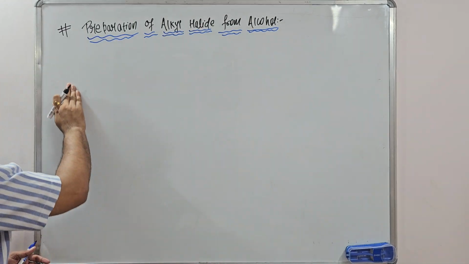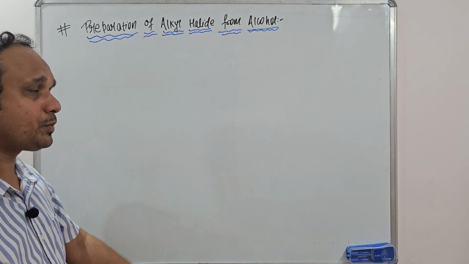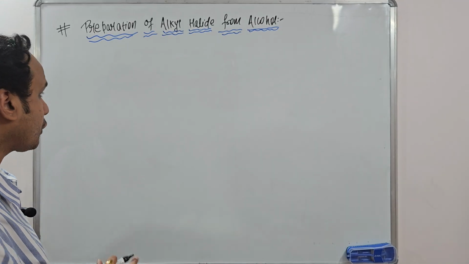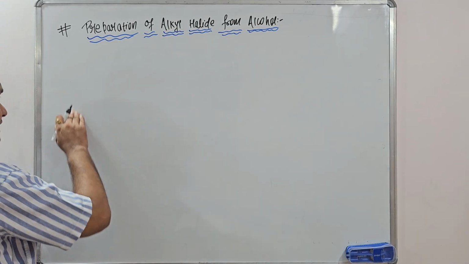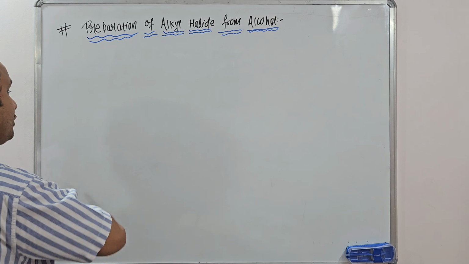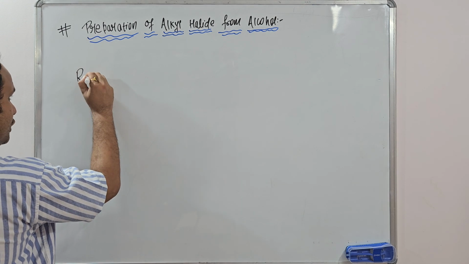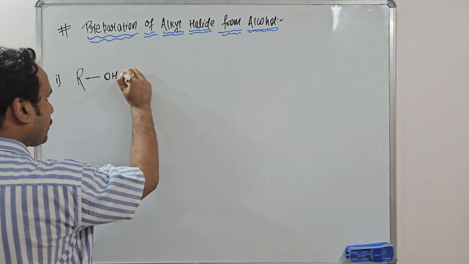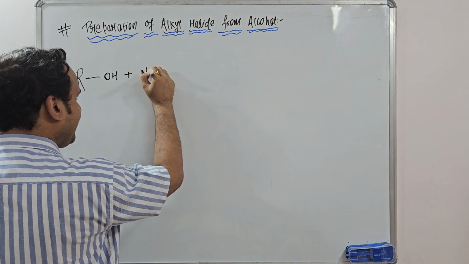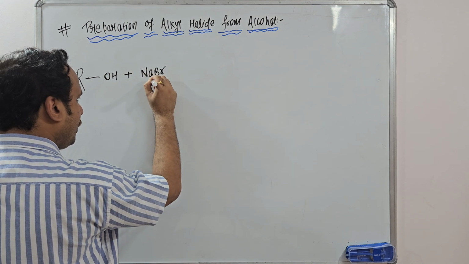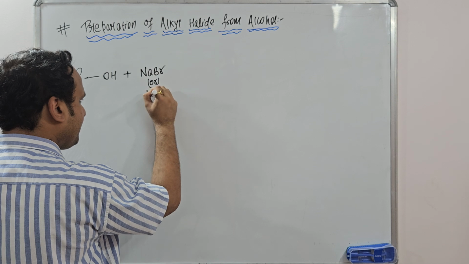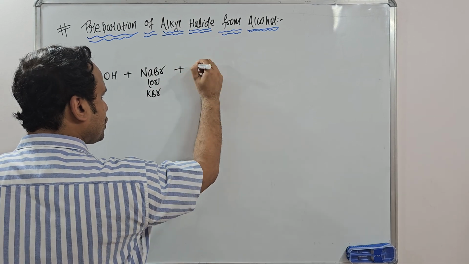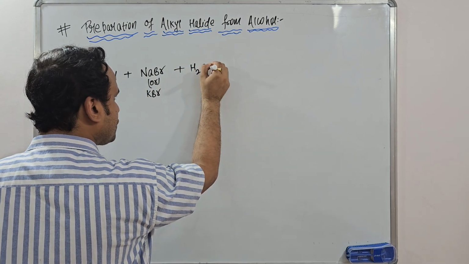So first I will write all the reactions that are used to prepare alkyl halide from alcohol, and after that for each and every reaction, whatever the important thing is, I will write it over there. Suppose first of all, the first reaction, you will react the alcohol with NaBr or KBr in presence of H2SO4.